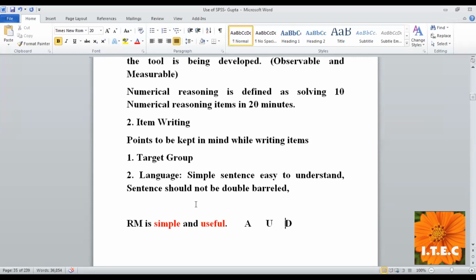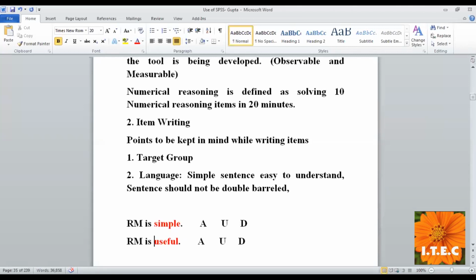In place of this, you should write the two items. One, you should write that research methodology is simple. Another, you write research methodology is useful.